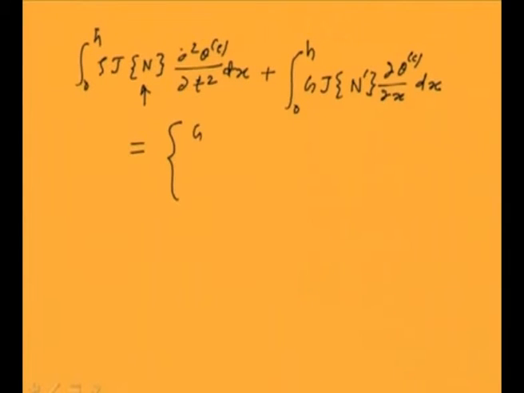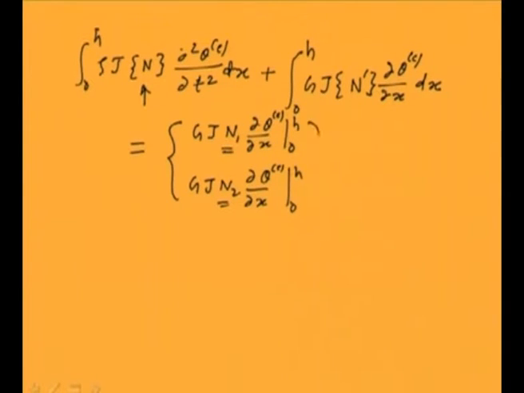So I am expanding that term. The second term is, so here you can see that N1 and N2, two equations, we have combined here into one, plus the external moment.